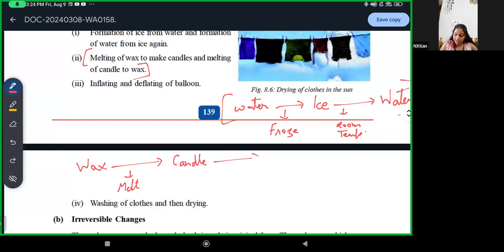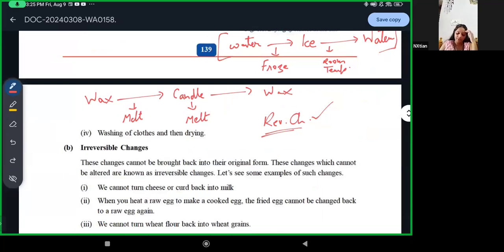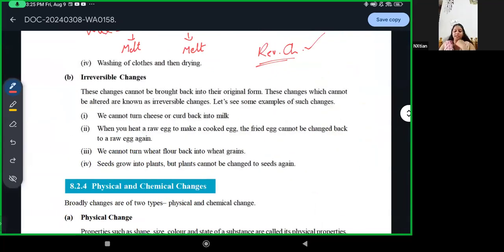When you melt the candle, again you will get wax, and then again you can make a candle out of the wax, and then again melt the candle to make wax. So this is known as reversible change. Then washing of clothes and then drying. They can be washed again and dried again. So it is a reversible change.